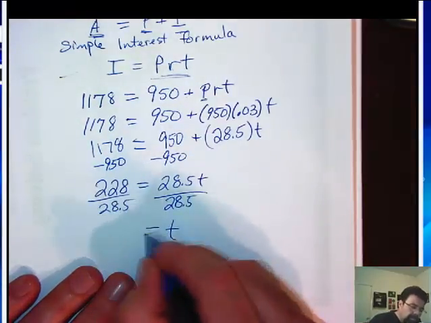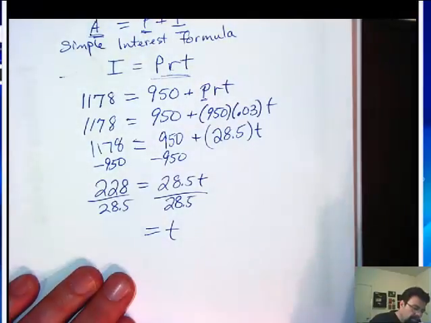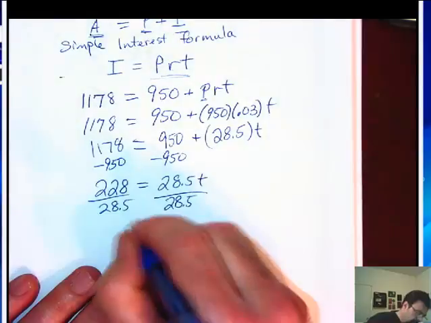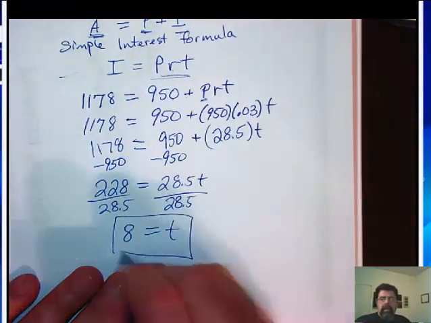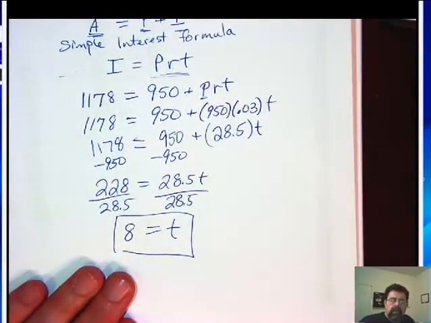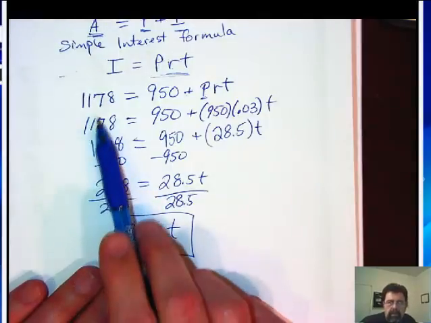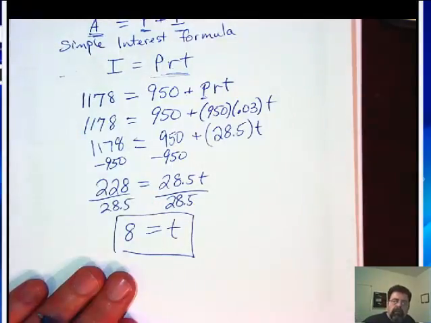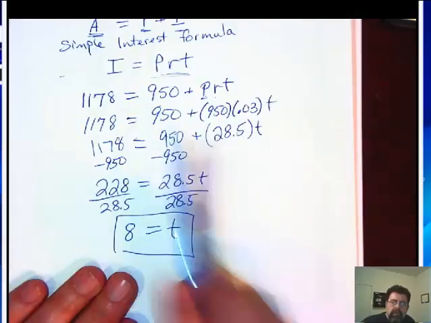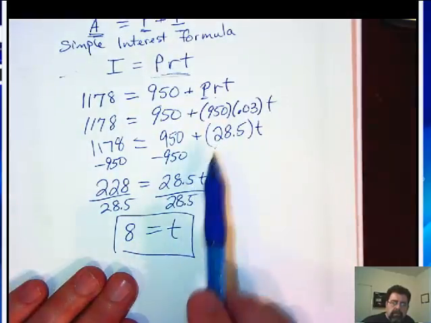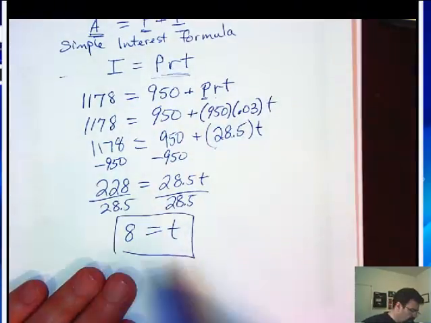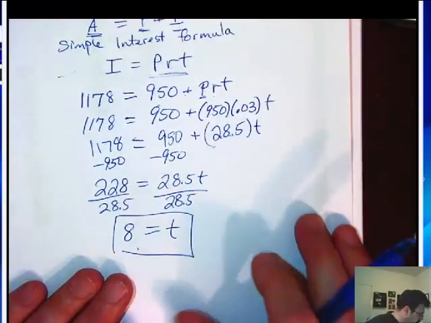So time is equal to 8 years. So it will take 8 years for her account to have a balance, or to be worth, 1178. So 950 would be the principal, and the rest of it will be interest. And it'll take her 8 years to get that.